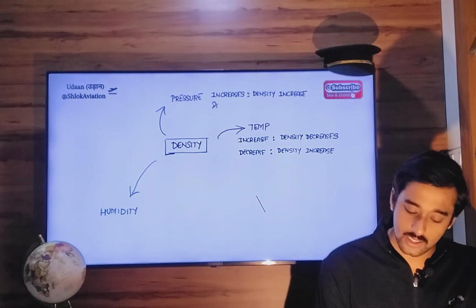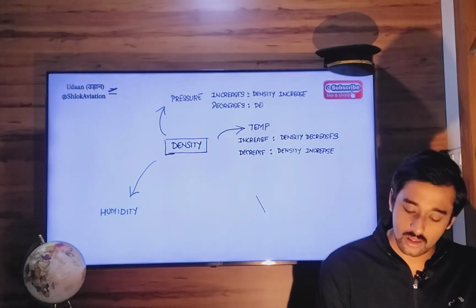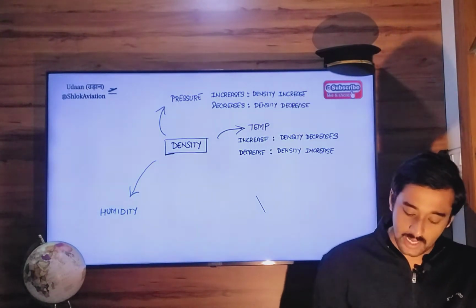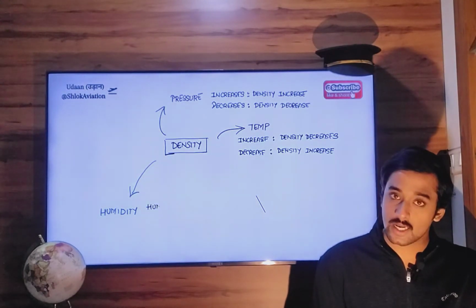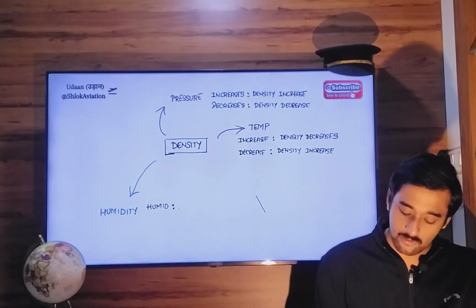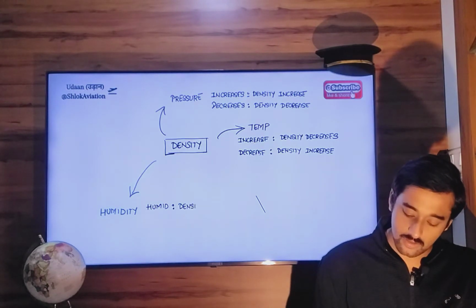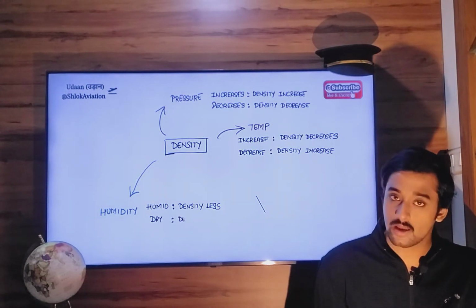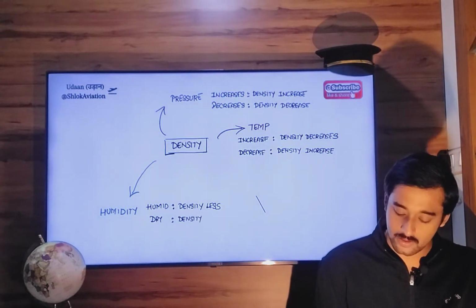Pressure decreases, density will decrease. Humidity. If air is humid, the density of air will be less. If air is dry, the density of air will be more. Air will be denser, more denser.